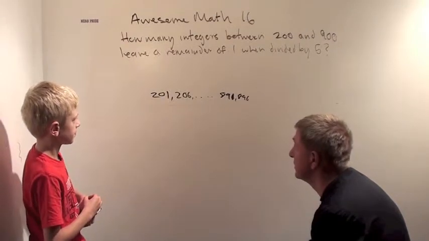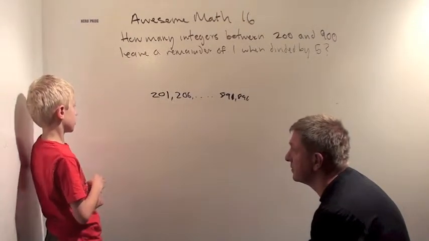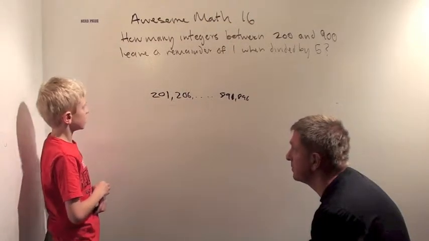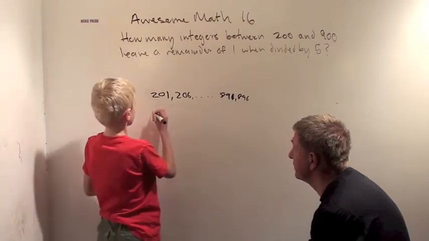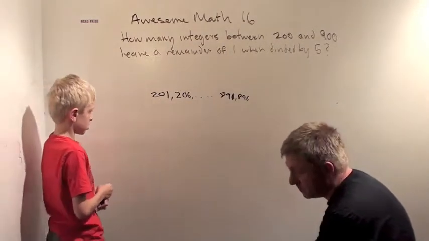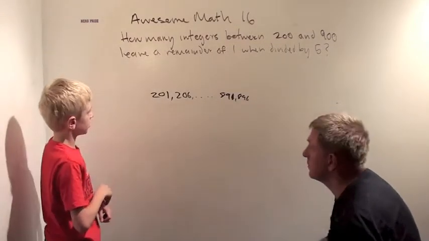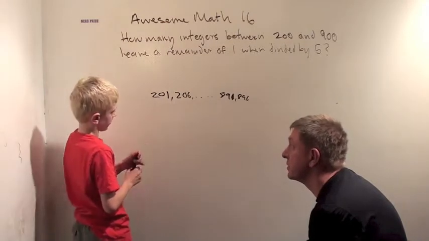Okay. So, if we make a list of the actual multiples of 5, not the numbers with the remainder, just the regular multiples of 5. Okay.